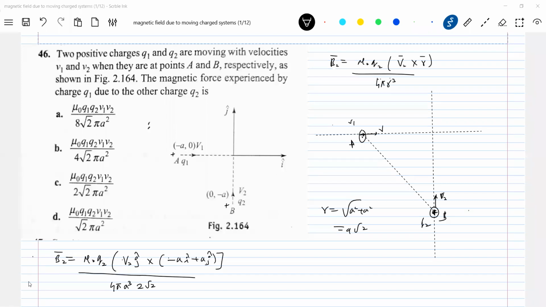So B2 is equal to mu naught Q2 V2 by 8 root 2 pi A cube times j cross i minus k, and j cross j will be 0. Okay, this is the value of the magnetic field. So mu naught Q2 V2 by 8 root 2 pi A square.